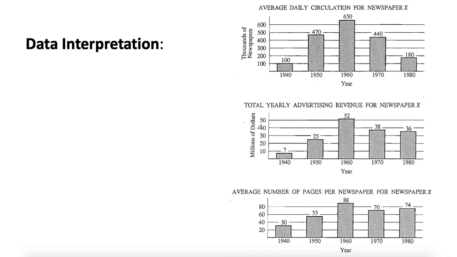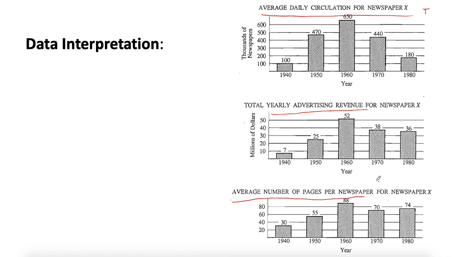In this question, the first one involves average daily circulation for newspaper X. The second involves total yearly advertising revenue for newspaper X. And the third one is the average number of pages per newspaper X. So this is all we need to know, and now let's move further to the question.